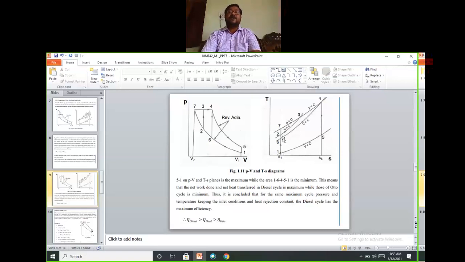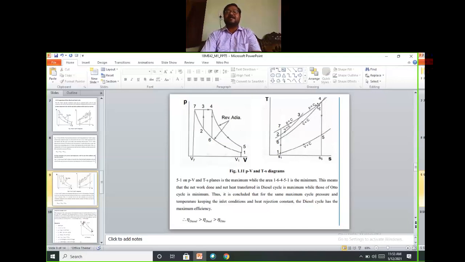1, 2, 7, 4, 5, 1 is the diesel cycle. The Otto cycle is 1, 6, 4, 5, 1. The dual cycle is 1, 2, 3, 4, 5, 1. But the heat rejection is the same here. Heat rejection is the same.